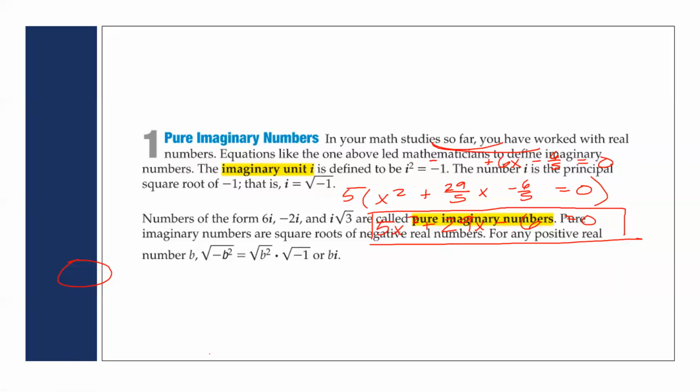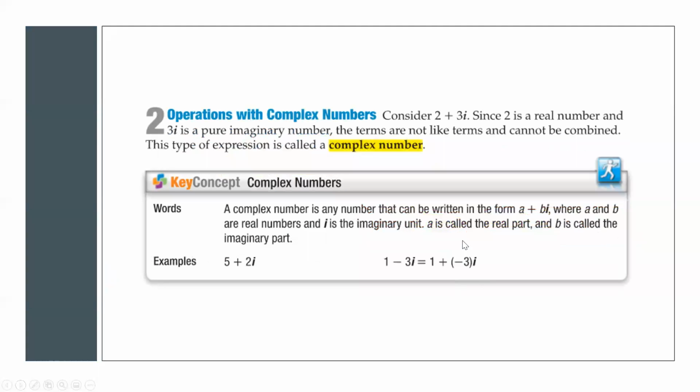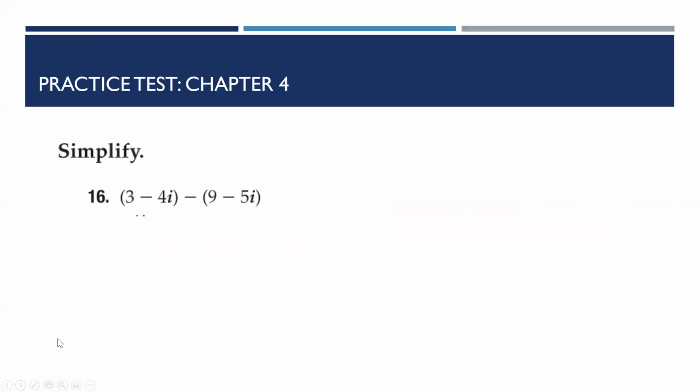So next problem. Then there's a section that talks about imaginary numbers, okay? And the key thing here, remember that when you have an i squared, that ends up being negative 1. So here, you have a problem like this where you will have to distribute this negative.